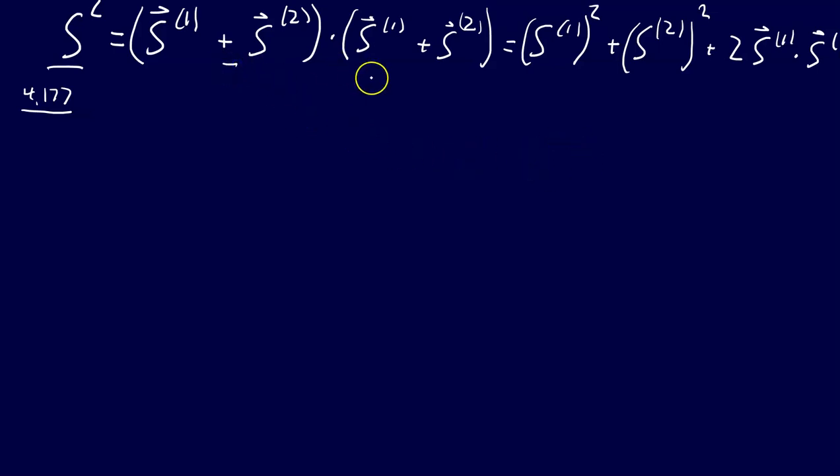But when you do this multiplication, you come out with three terms. So you've got the S1 vector squared, the S2 vector squared, and then the cross terms, which work out to be 2 times the S1 vector dotted with the S2 vector.